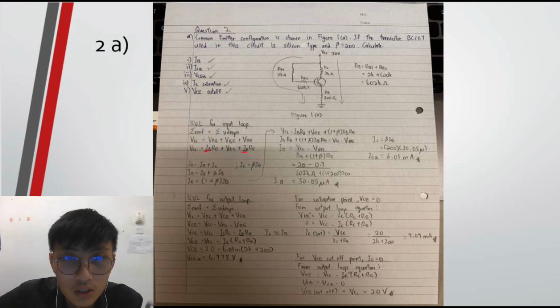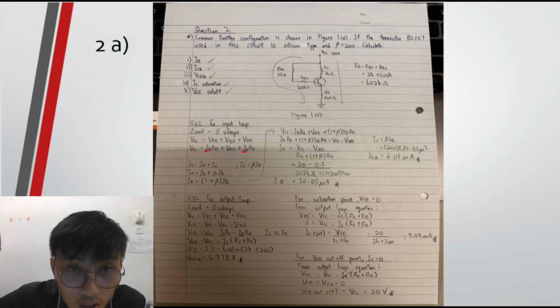So VCC equal to VRB plus VBE plus VRE. The RB1 and RB2 are in series, so we add them together, and we get the answer 602 kilo ohm.